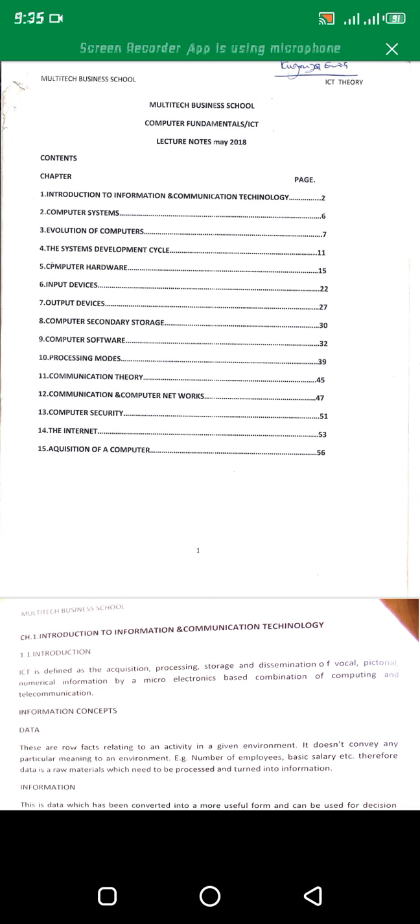We shall talk about secondary storage devices, computer software, processing modes of computers, printers, etc. We shall also talk about the communication theory, that is the communication in ICT, qualities, definition, etc. We shall also talk about the computer networks, computer security, internet, and then that will be the overall course unit. So I hope you'll learn with me from the start to the end.